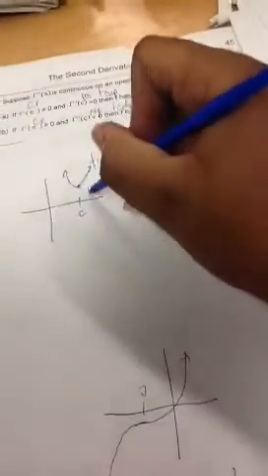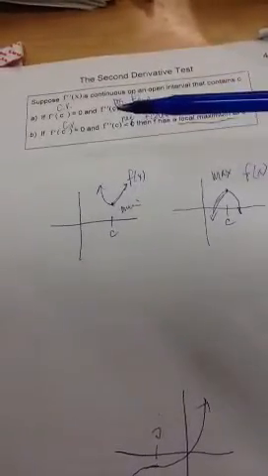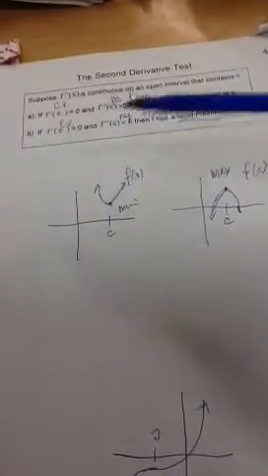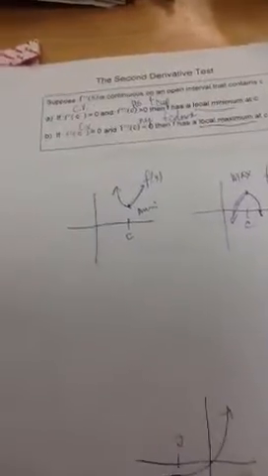So this would be a max. This would be a min over here. So that's all they're saying. In order for me to use the second derivative test here, how they want me to use it, I need the second derivative and I need the critical value, which they're calling c.